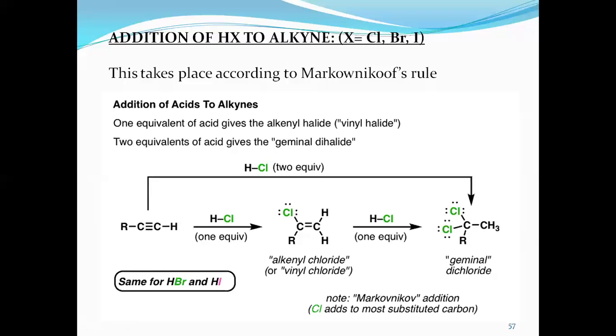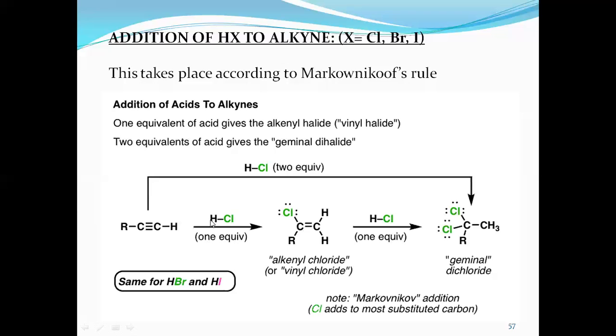It is called Markovnikov addition with regioselectivity. The chlorine goes into the more substituted carbon. This carbon is more substituted than this carbon, because there is only hydrogen here, and here there is one R substitution.